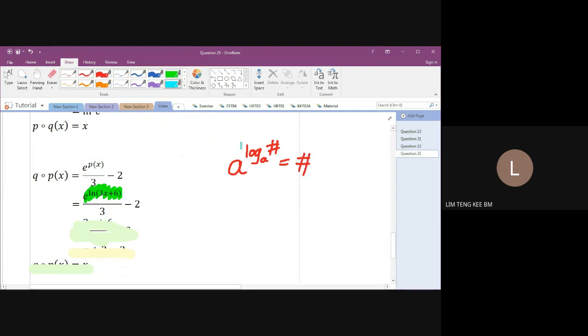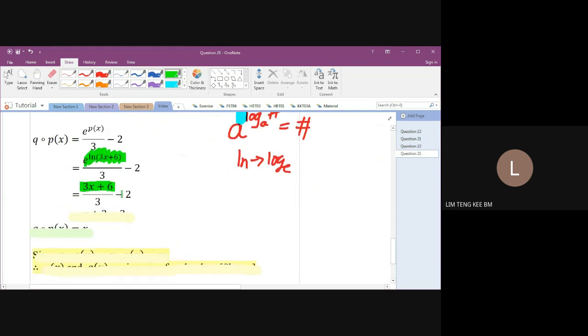Provided that in front of the log there is no number and no negative sign. If there is any number or negative sign, bring it inside to become the power. In this case, ln is actually log to the base e, so it gives me the result 3x plus 6, which is the content inside the log. When you further simplify your answer, you find that QP also equals x.